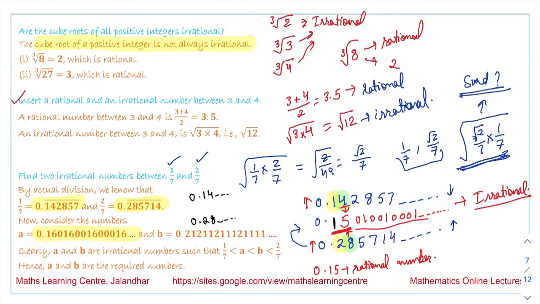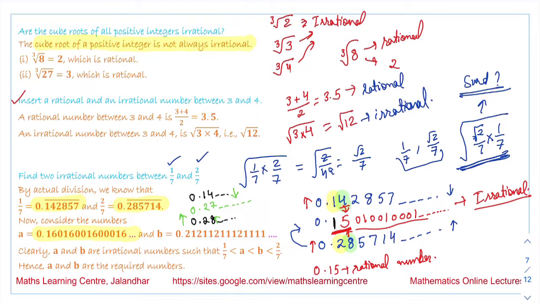So how we write the next number is 0.2 over here. Now I have to write a number less than 8. Suppose I am writing 7 over here. So whatever I write after this, that number will be less than 0.28 and greater than 0.14. So this is the procedure for writing irrational numbers.